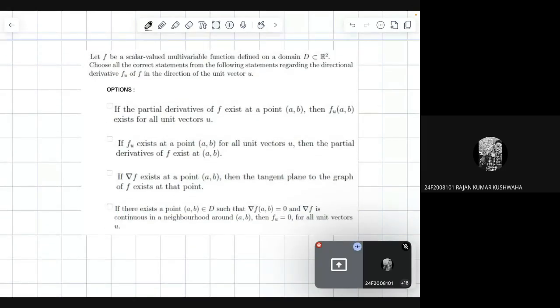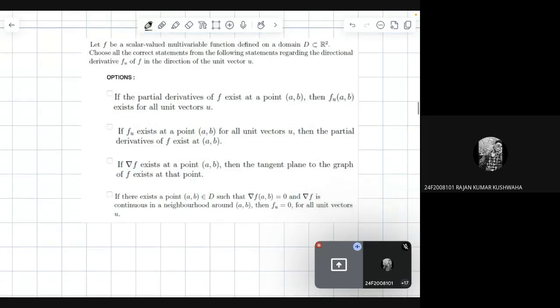This is an interesting question. Let f be a scalar valued multivariable function. When we say scalar valued, f is a function from D to R. Scalar valued means it is a real valued function, and D is a subset of R2, as given here.